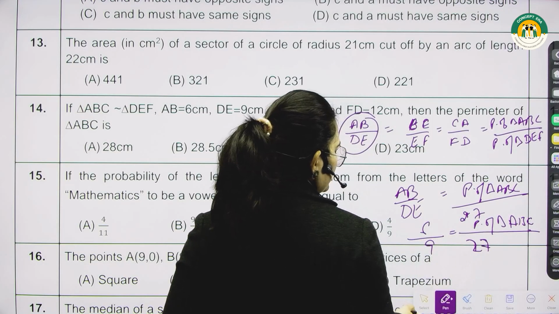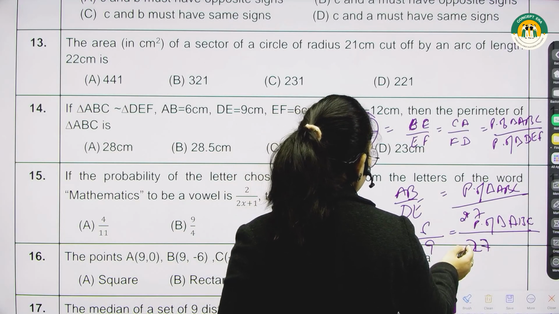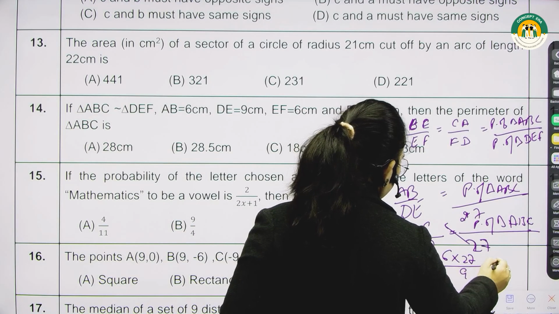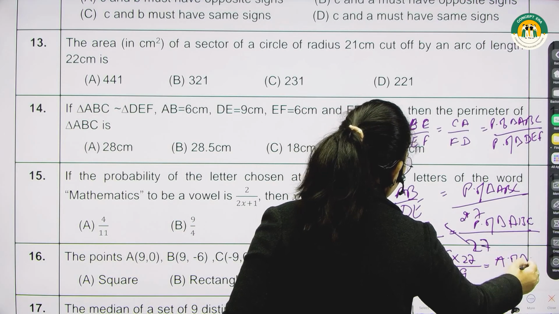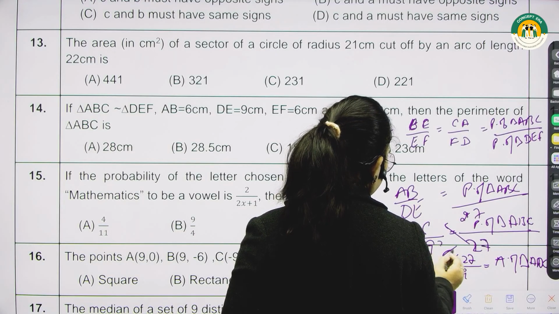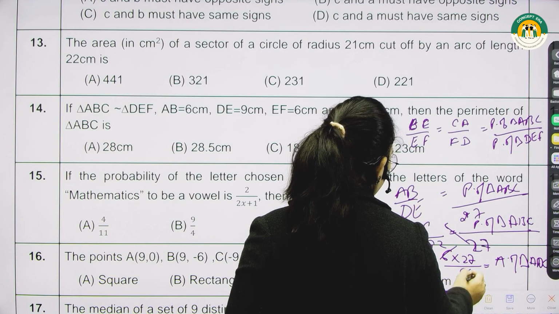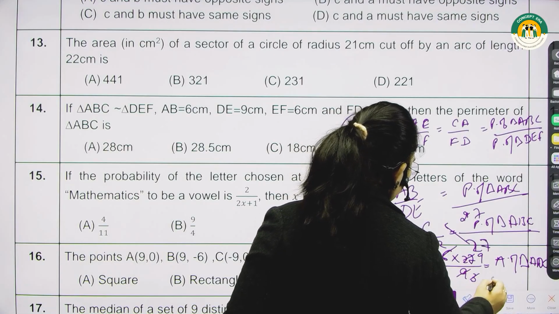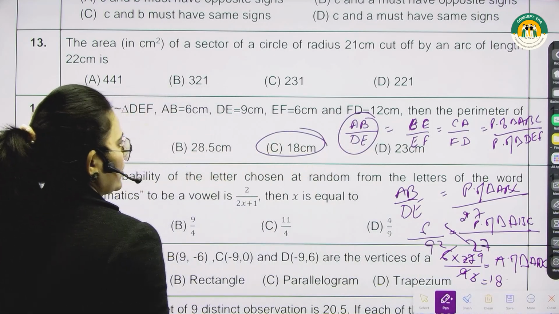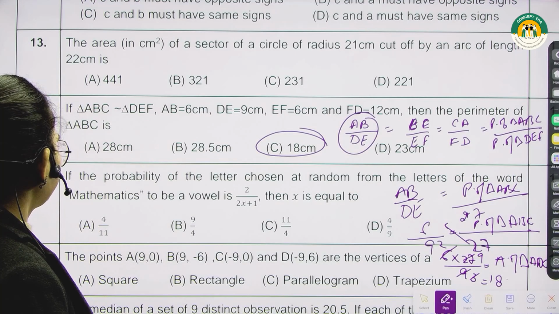Let's now cross multiply the values. 6 into 27 upon 9, that is perimeter of triangle ABC. 2 3s are 6, 3 3s are 9, 3 9s are 27, 9 2s are 18. So 18 centimeter is the perimeter of triangle ABC.